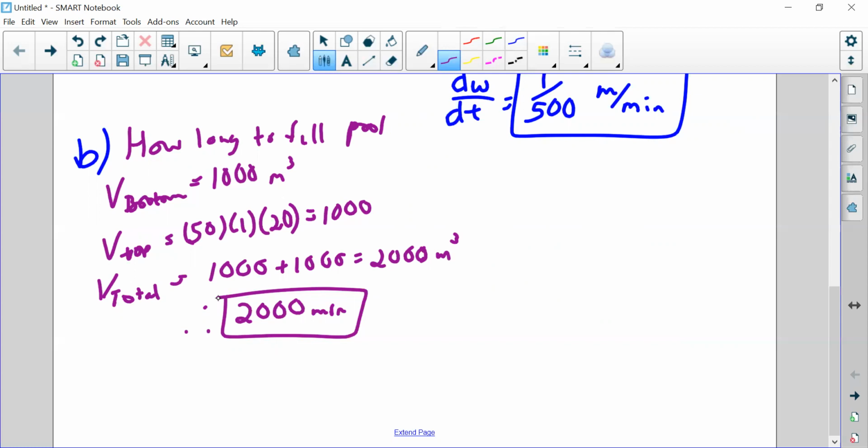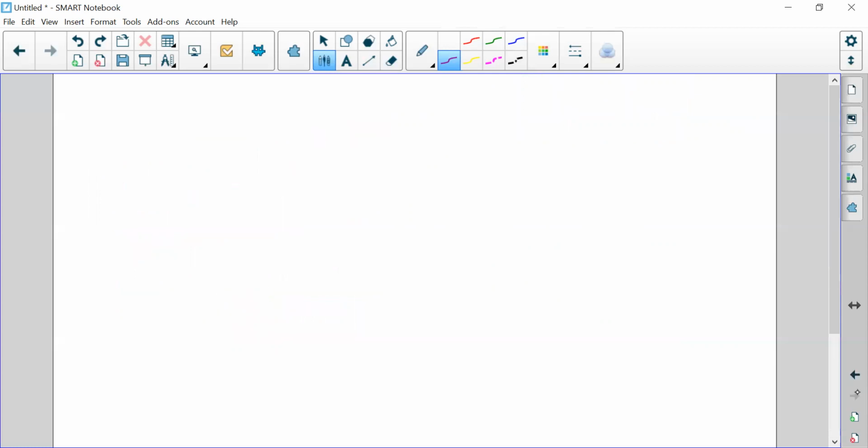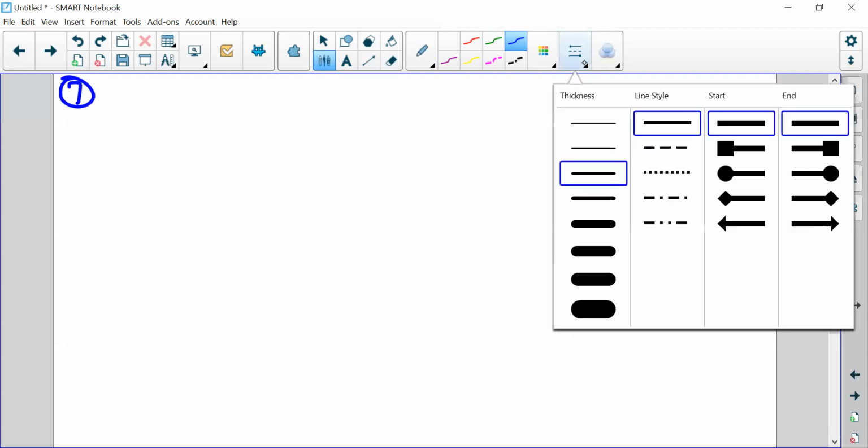All right, number 7. What was our next one? All right, number 7 was the person walking, right? Moving shadow. Okay, so for number 7, we have this person.